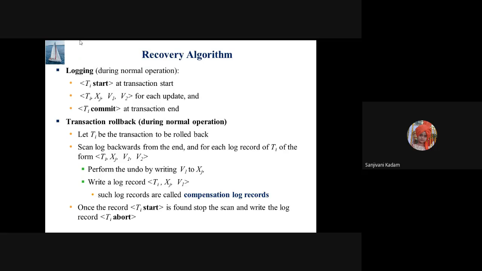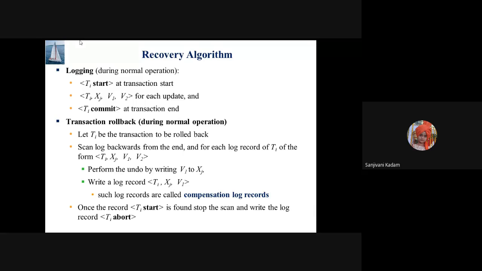which we will add to the database log file, that is, transaction Ti has performed changes to the Xj variable, where V1 is the old value and V2 is the new value. This update log record is always the result of a write Xj operation.